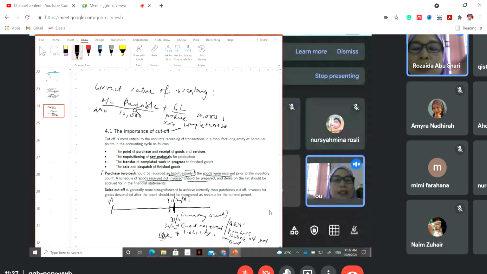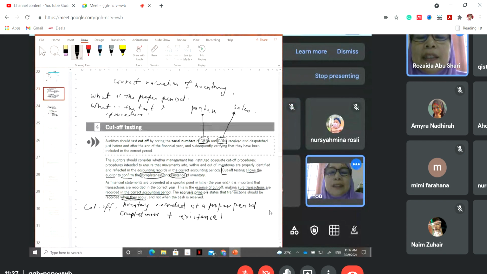Yes. Bila you tengok kepada dokumen, sebab itu tadi dia kata it must be noting the serial number. You kena tengok serial number of the GRN tadi. Okay, sebab itu this is come under TOC, test of control, serial number. So sebab kita tak nak the company does not record the transaction.